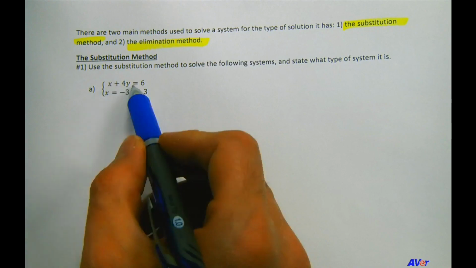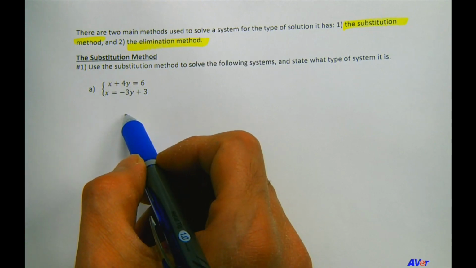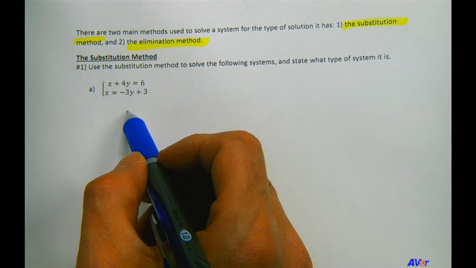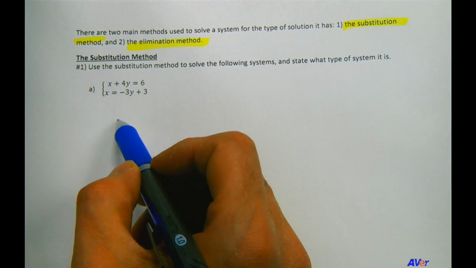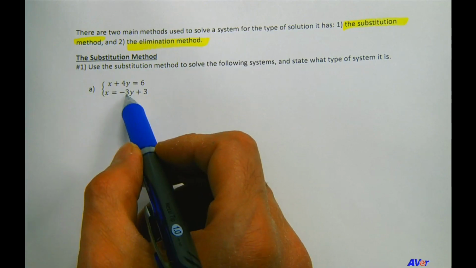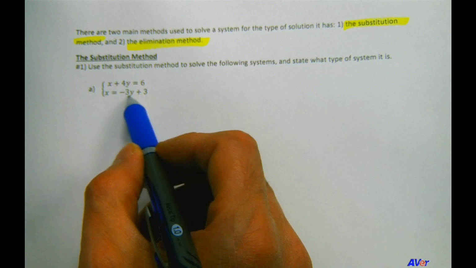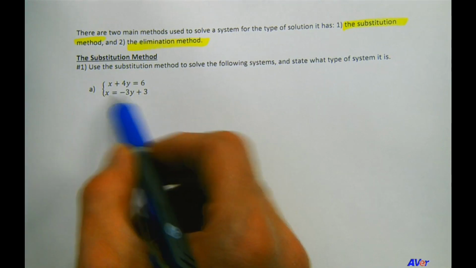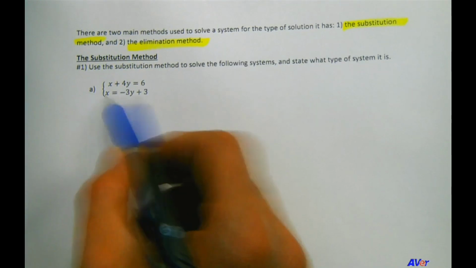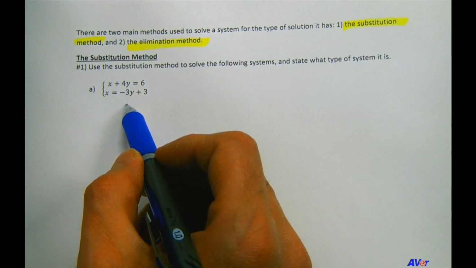Now, the first equation fulfills that format, but the second equation does not. So I must move this negative 3y to the left. When I do that, then the equation will have the proper format.